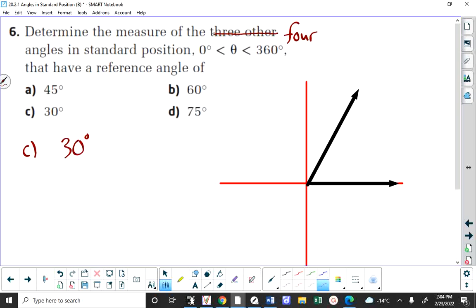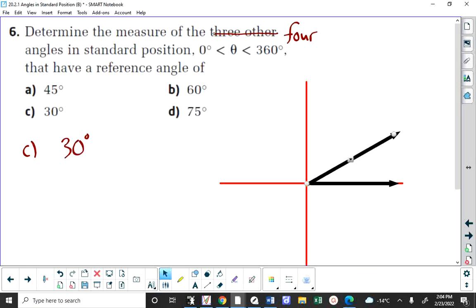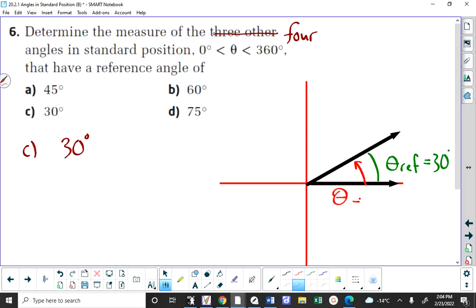If the reference angle is 30 degrees in quadrant 1, then the rotation angle is also 30 degrees, right? What this question is trying to say is, what are the other 3 rotation angles? Does that make sense so far?